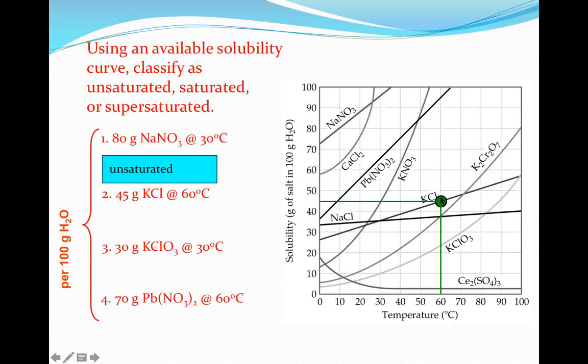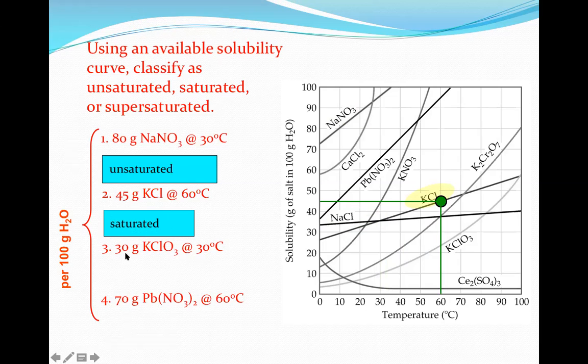Right about there. Now, is that on, above, or below the potassium chloride line? This one right here. So that is actually on the line. When it is on the line like that, that means it is saturated. Not above, not under, it's right spot on. So that is saturated.